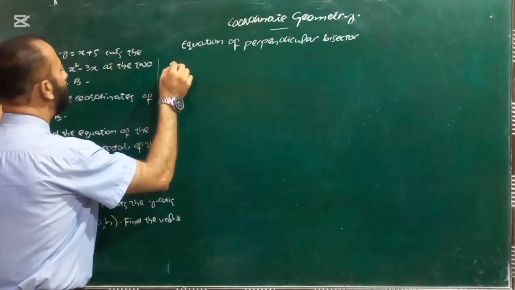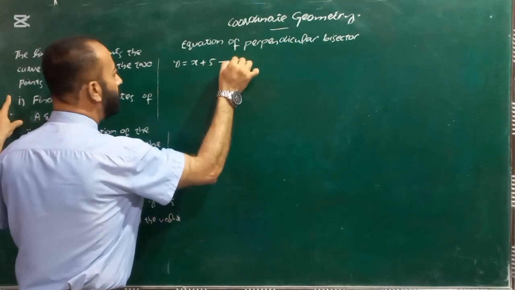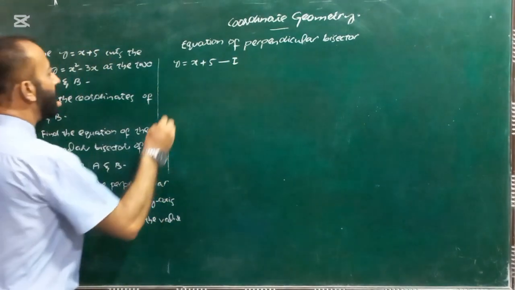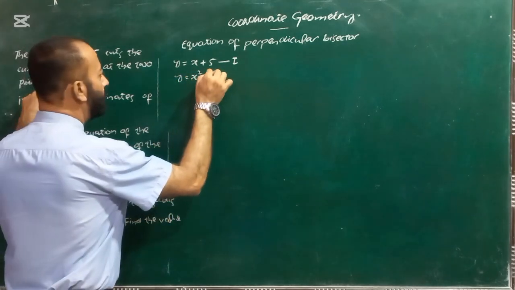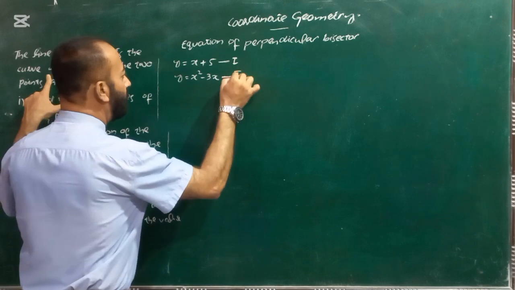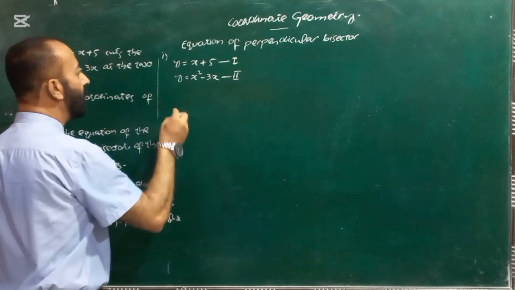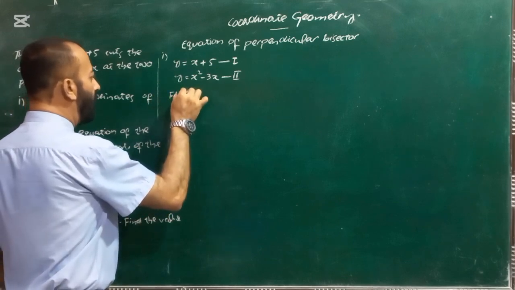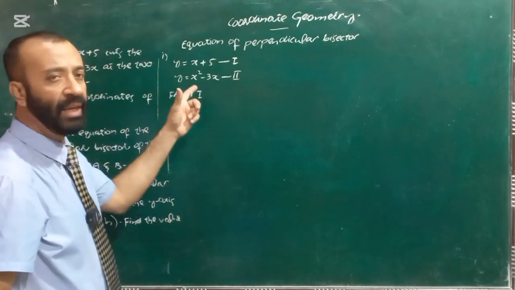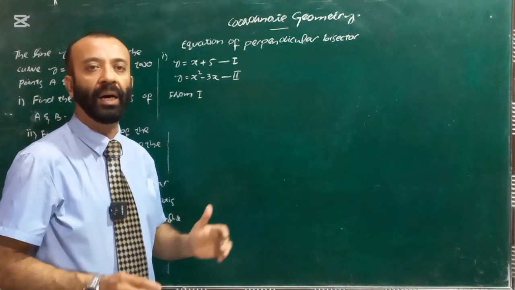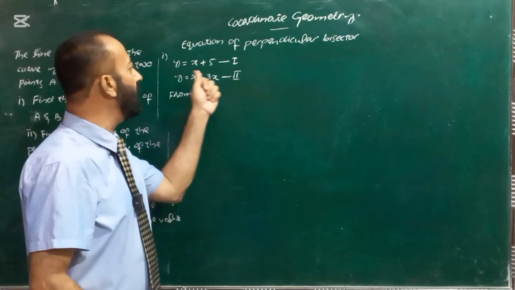So for example, y is equal to x plus 5. This is the first equation. And the second equation is y is equal to x squared minus 3x. So this is the second equation. So we will solve them simultaneously. This is the first part. So from equation number 1. The method to solve these kinds of simultaneous equations, in which one is linear and the second is non-linear, is to express one unknown in terms of the other from the linear equation.